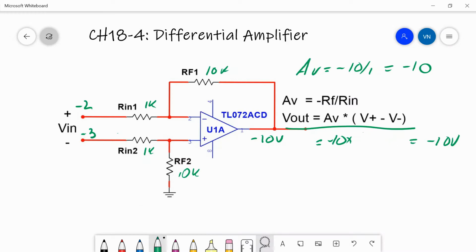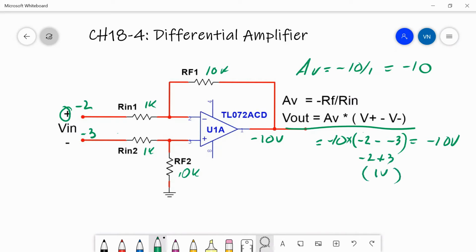So, formula again: the positive voltage is the voltage on the positive terminal, the one that's more positive than the other one. They can be negative voltages, but it's the most positive voltage on the inputs. So that would be minus 2 minus minus 3, which becomes minus 2 plus 3, which becomes 1 volt.